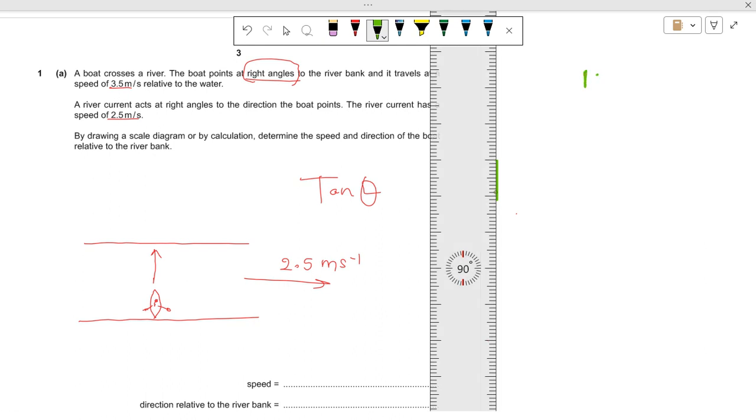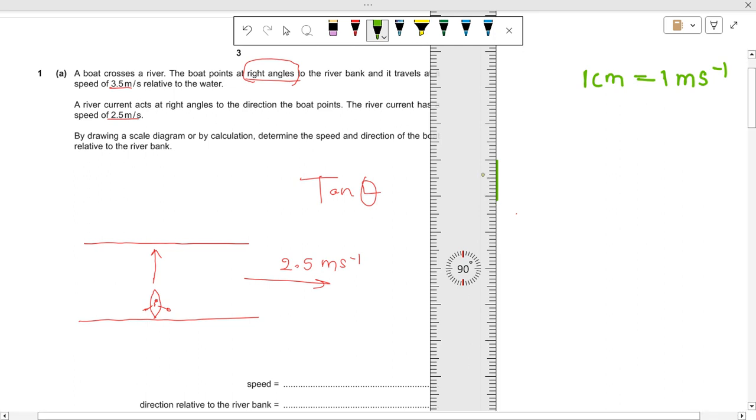Let's use 1 centimeter equals 1 meter per second. Then the speed of the boat is 3.5 meters per second, so the length of the speed vector should be 3.5 centimeters.